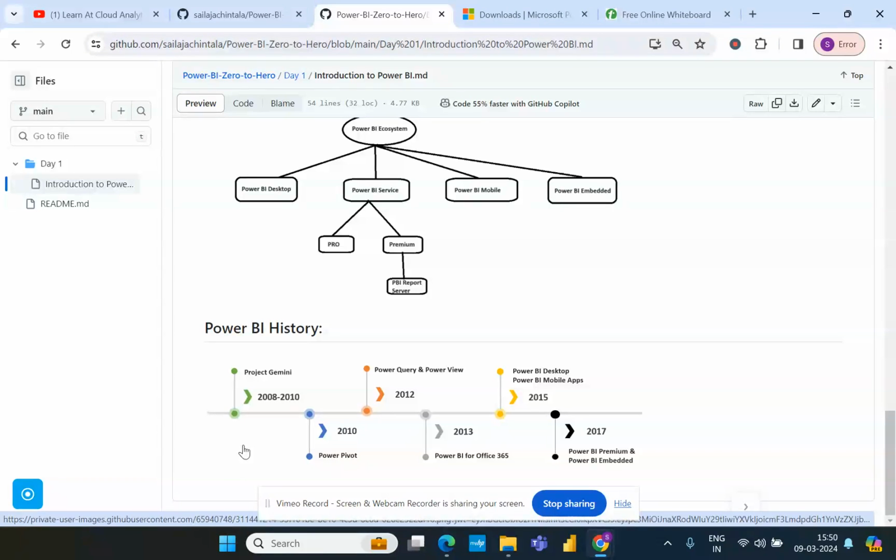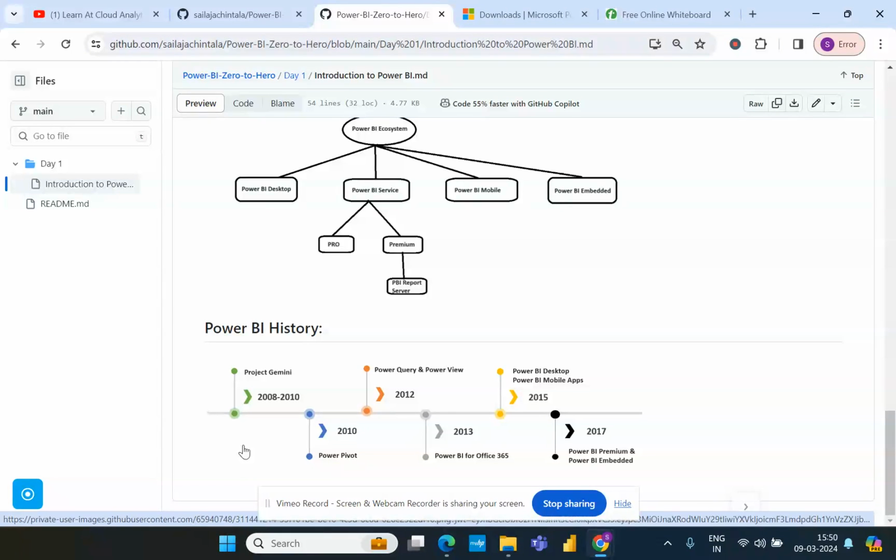So in 2010, as part of this ongoing Project Gemini, Microsoft introduced Power Pivot, which is an add-in for Microsoft Excel that allowed users to create data models and perform in-memory analytics on large data sets, and also create interactive reports and dashboards.